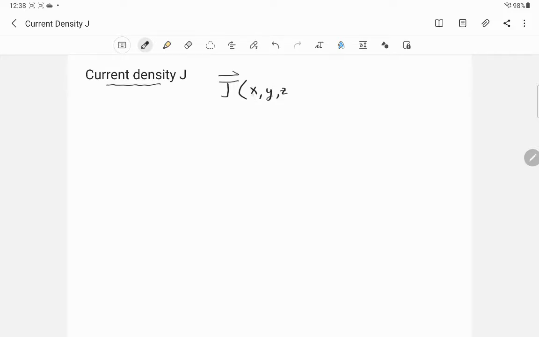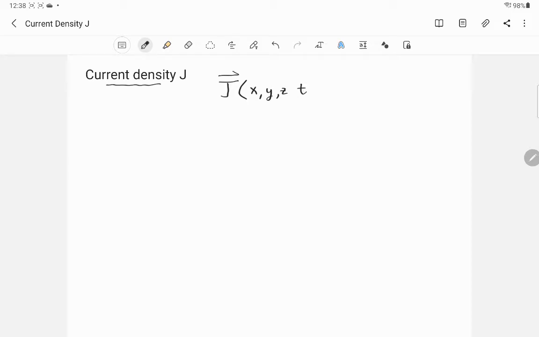It can have a different value at different coordinates in space, as well as a different value at different times. But for this chapter, we're not going to consider current density J being time dependent.